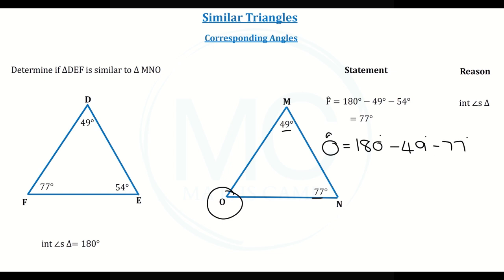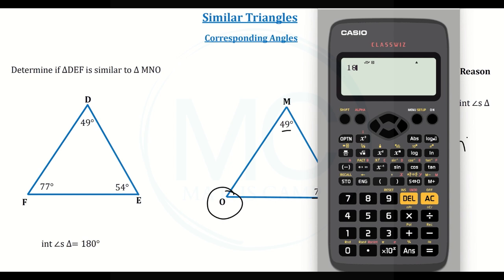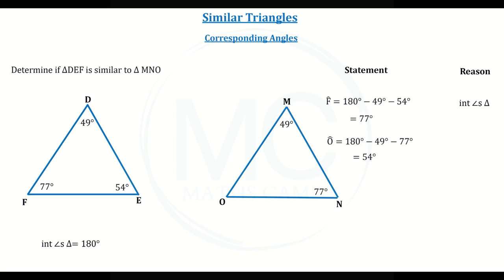Let's take our calculator. 180 minus 49 degrees minus 77 degrees is equal to 54 degrees. This is the size of angle O. We found this angle using the internal angles of a triangle. So again, this is our reason. Let's put 54 degrees into angle O.